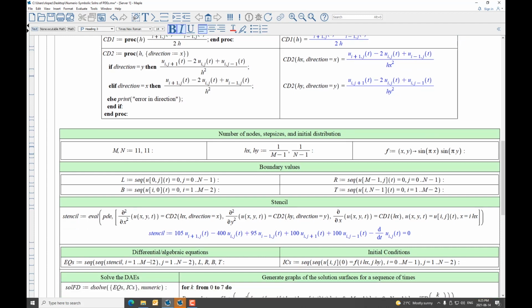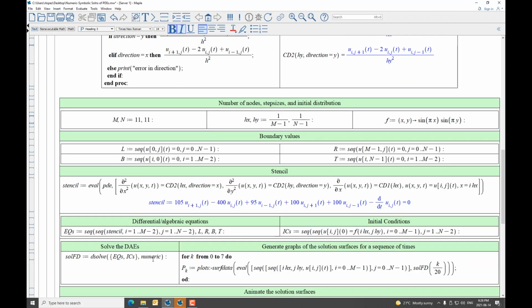Evaluate that stencil at the interior points on this rectangular grid and toss in the data from the edges, L, R, B, and T. This is going to give you a collection of some algebraic and some differential equations, a differential algebraic system. Initial conditions. Well, the initial conditions are generated by the function f. Maple's DAE solver solves DAE problems numerically, not exactly.